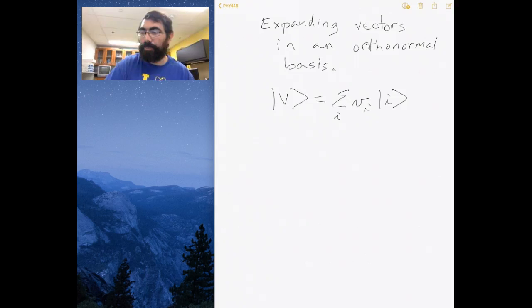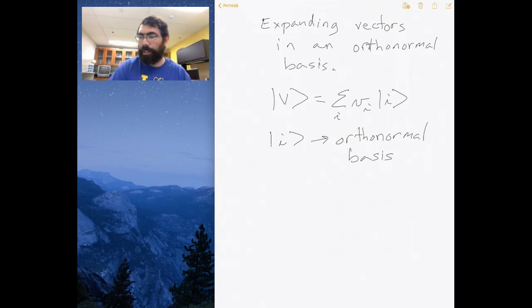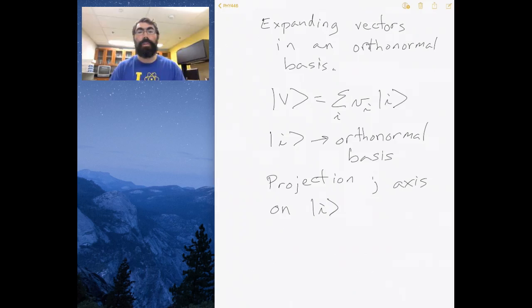So to review, I is an orthonormal basis. And what I want to find is the projection of the j-axis on the basis I. I want to find out what the j component is.